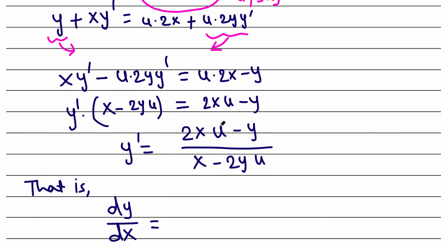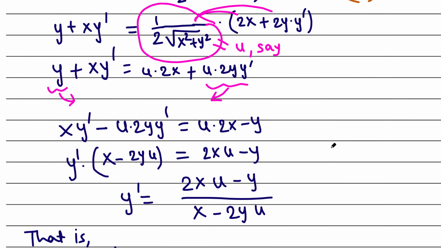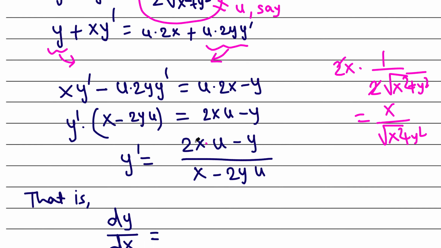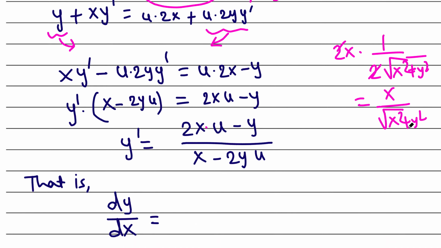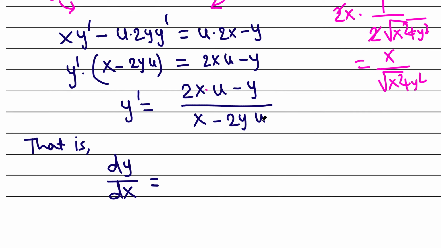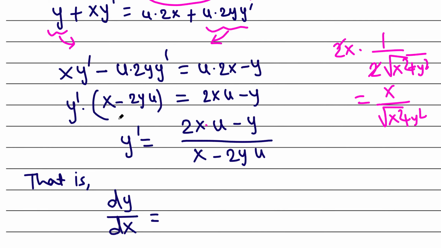Or you can simplify 2x times u. 2x times u is 1 over 2 root x squared plus y squared, then you can cancel 2, so that's x over root x squared plus y squared. So you may leave it here just writing this and say where u is this. Okay, this one would work as a final answer if you say where.